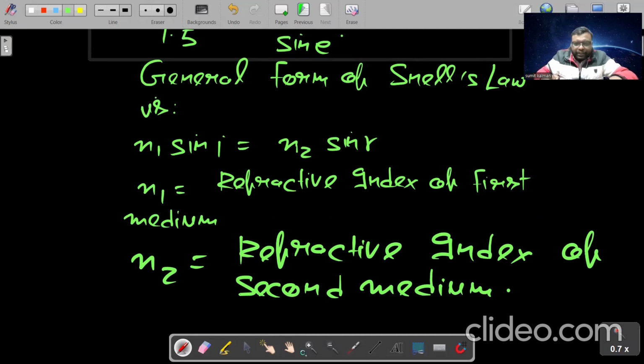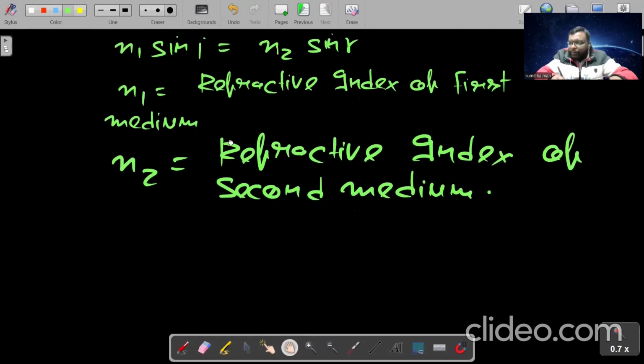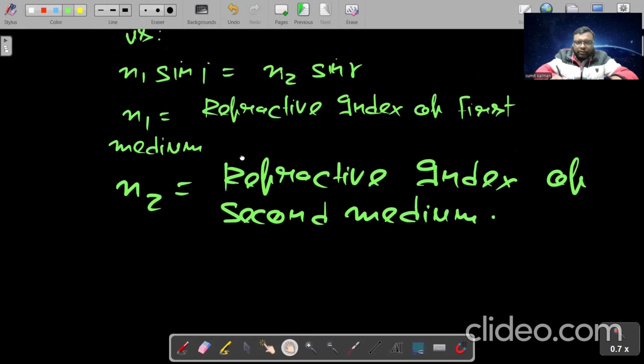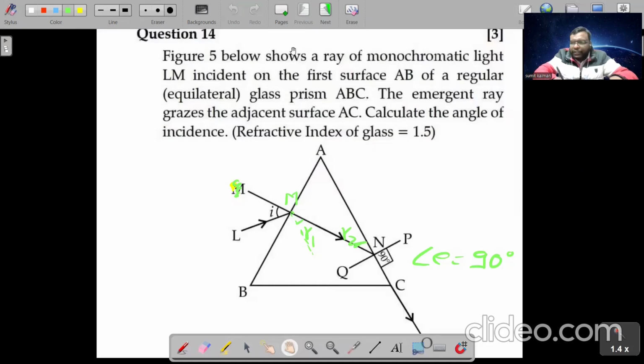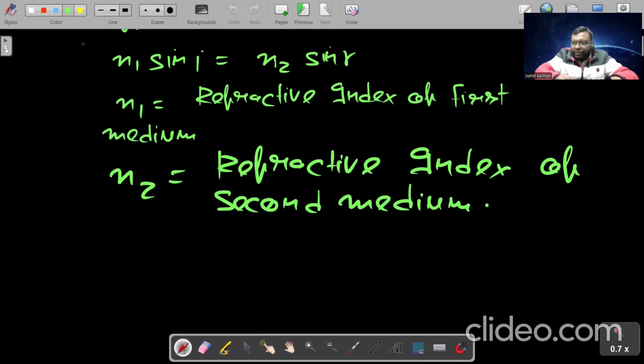And students, here in our problem, if you see carefully, R2 is the angle of incidence at the surface AC. So here I will be equal to R2.